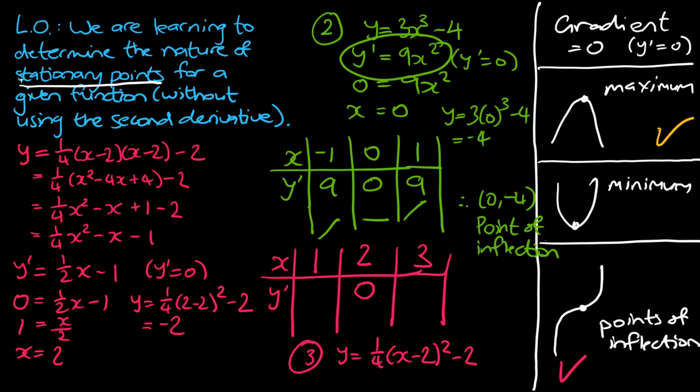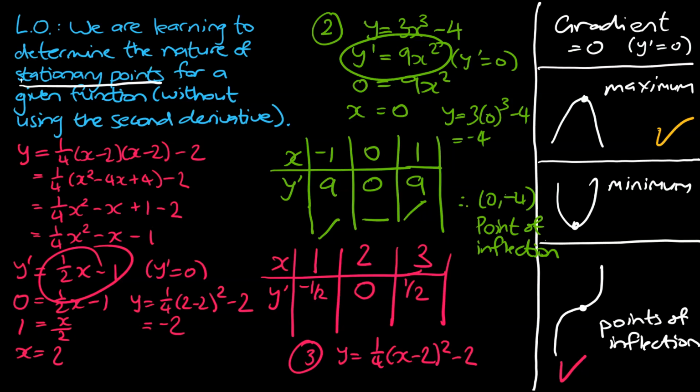So the first one, x is 1. So 1/2 times 1 is going to get us to 1/2, minus 1 is going to get us to -1/2. And let's repeat that for 3. So 1/2 times 3 is 1.5. 1.5 minus 1 is +1/2.